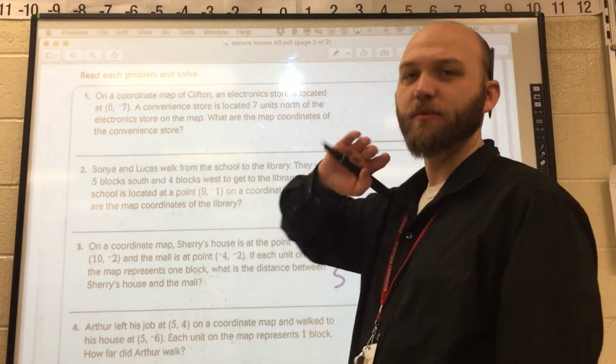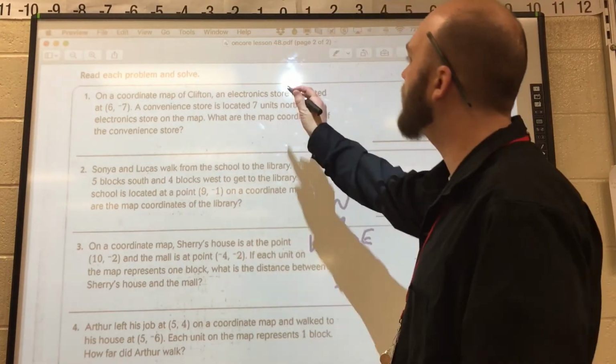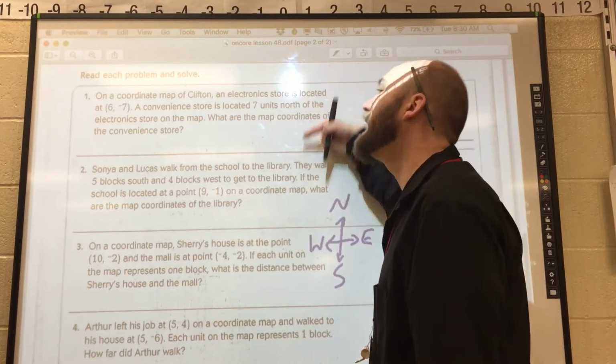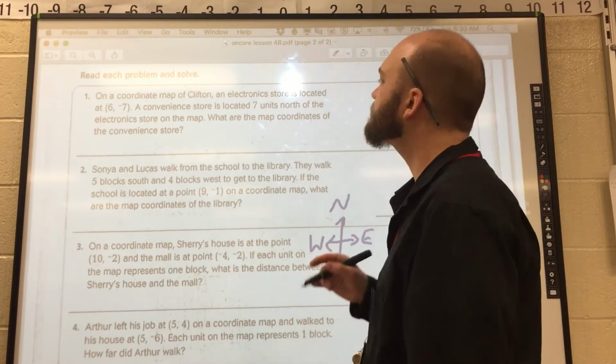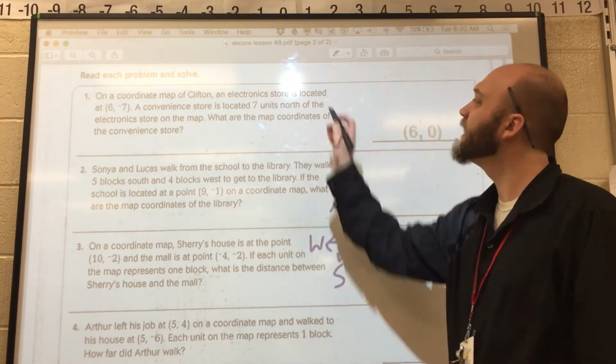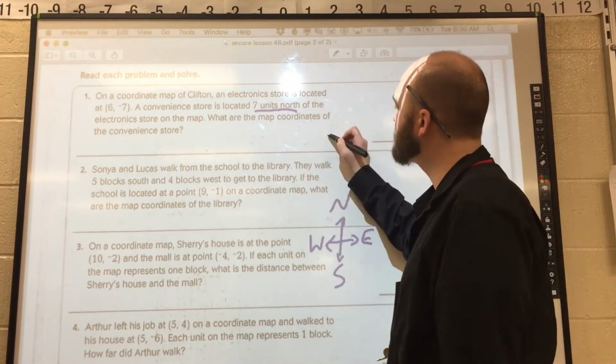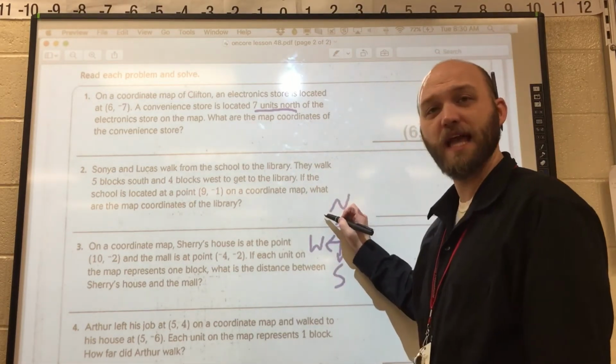So if we look at the example in the coordinate map, Clifton, an electronics store, is located at +6, -7: 6 to the right, 7 down. Now a convenience store is located 7 units north. So I would go +6, and then I would go down -7.